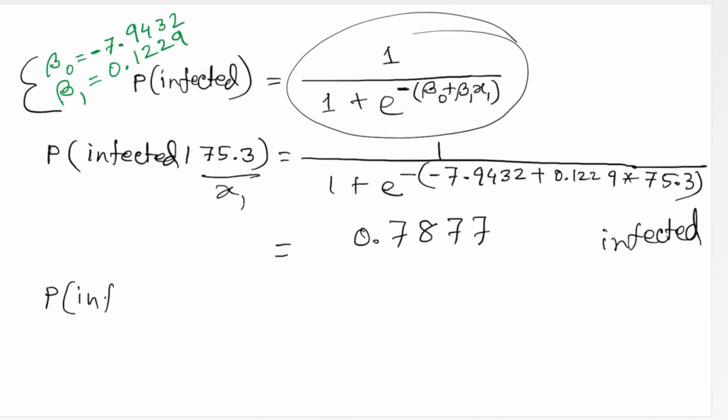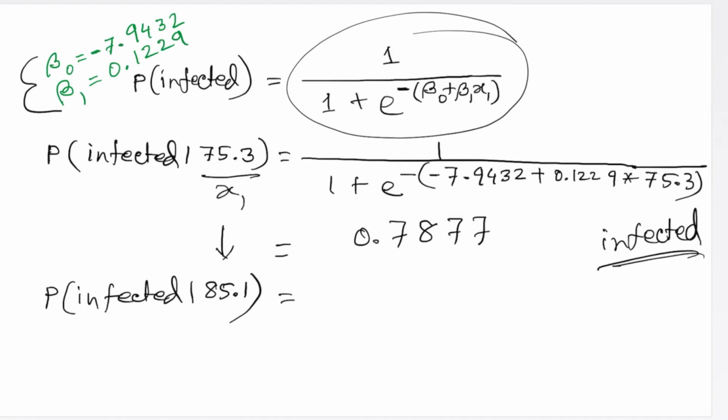For another value of 85.1, let's check if the person is infected. Obviously the person will be infected because 85.1 is greater than 75.3, and with 75.3 the patient was infected.